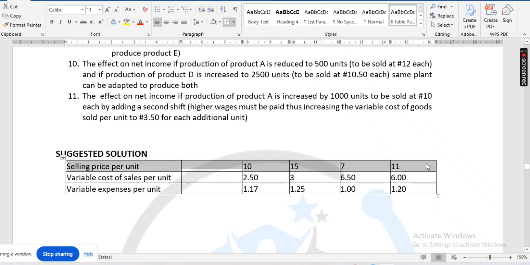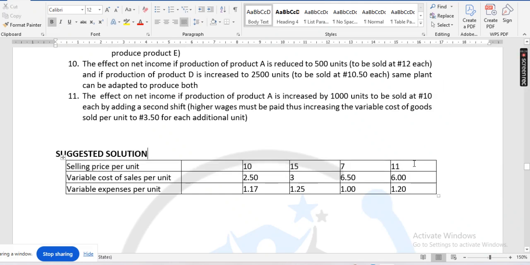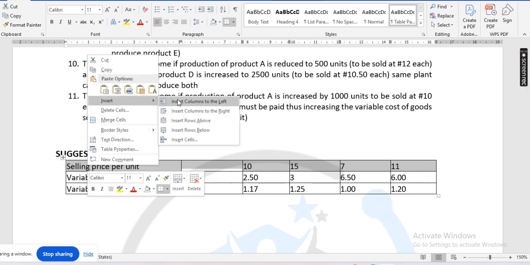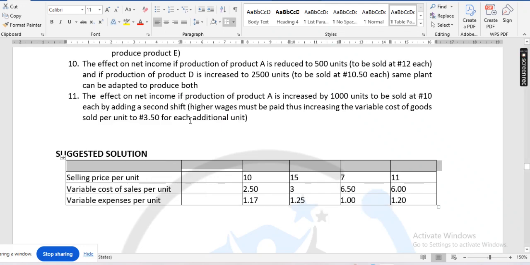Sorry. I'm supposed to create another column, insert above. Okay, so this will be Naira. We put the Naira sign. Please, we must complete this question tonight.